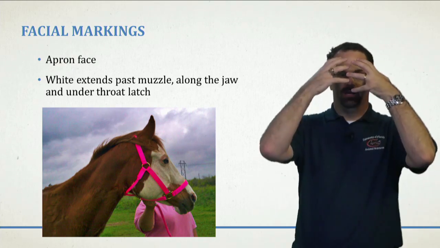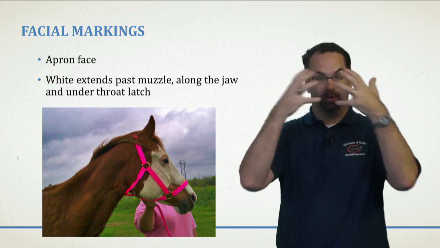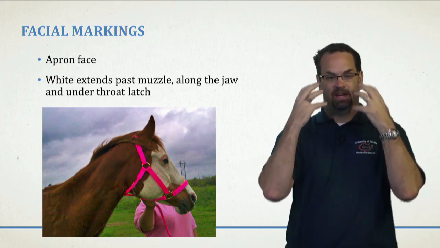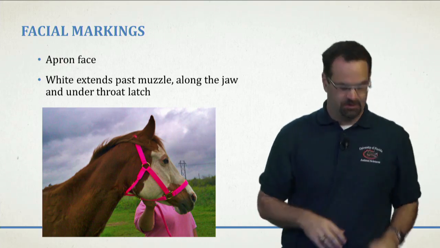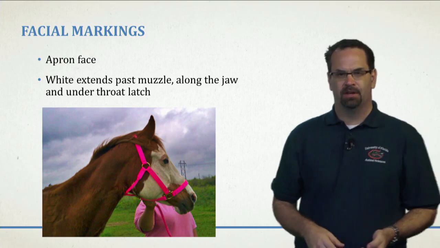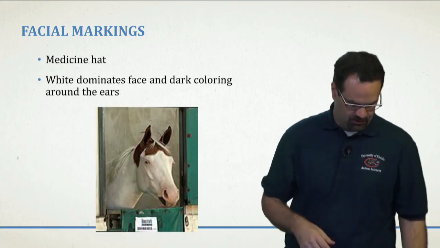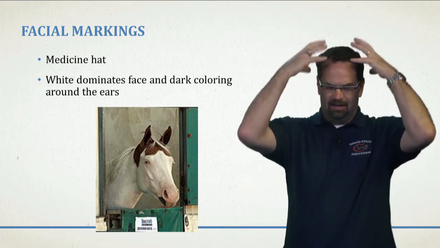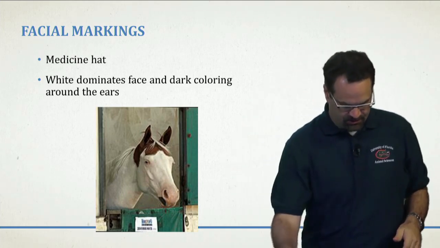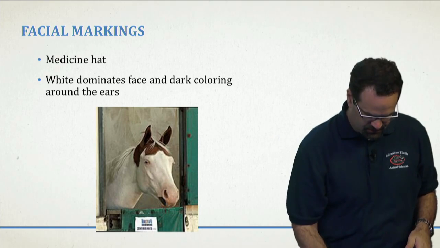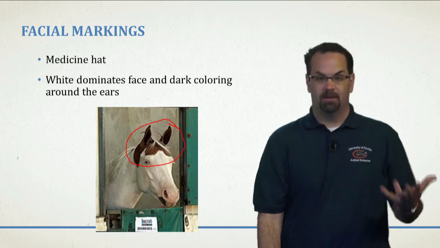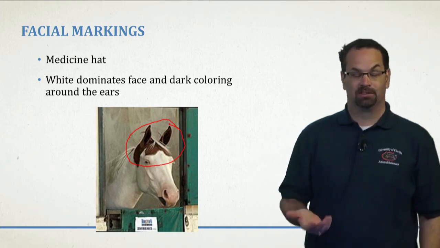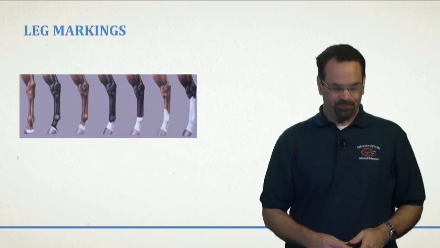It's called an apron because it looks like somebody put an apron over their face, where the white runs up almost underneath the throat latch on this horse. And one of my favorites, which I think is always great, is the medicine hat. You can see it's just the dark areas around the top of the head and the ears. If they have that, we call that a medicine hat. I think it's a really cool marking.